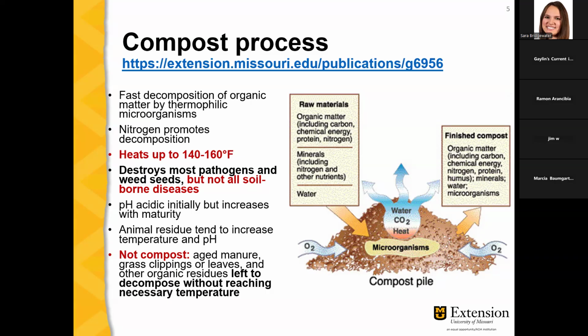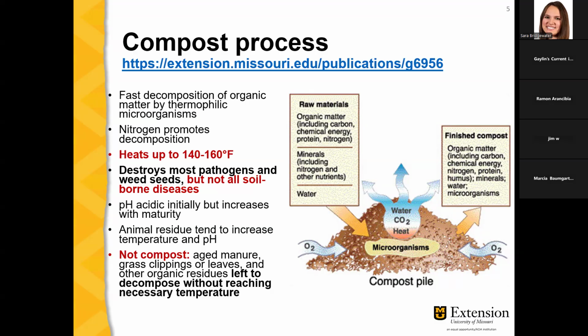So pH is acidic initially, but then increases with maturity, and you want to test to keep it in the right pH range. Things that we don't consider compost: hay, manure. If there is no temperature involved, hay or manure is not compost, it's just hay or manure.